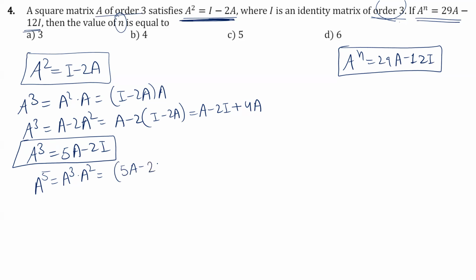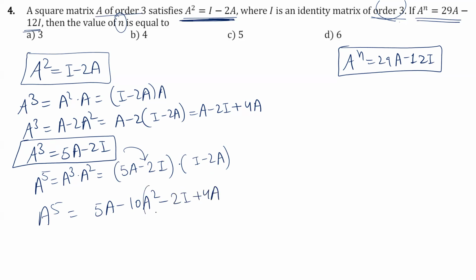So this will become 5a minus 2i from here, a power 3. And then a power 2 is given in the question, 5a minus 2. A power 5 will be 5a minus 10a square minus 2i square, that means 2i, and plus 4a. So here a square you can write again as 5a minus 2i.